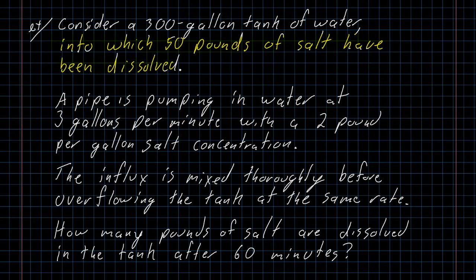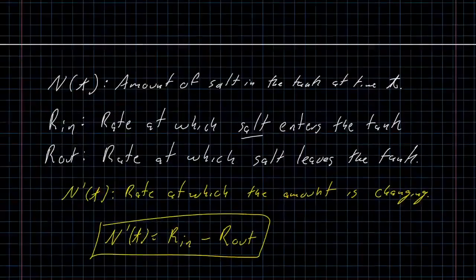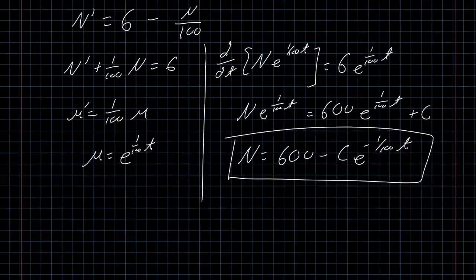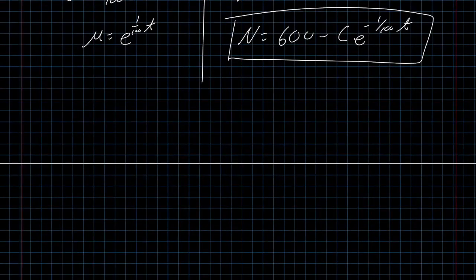We can represent that in the style of our function, if I scroll all the way back down to the bottom here, as the initial condition, n of 0 is equal to 50.